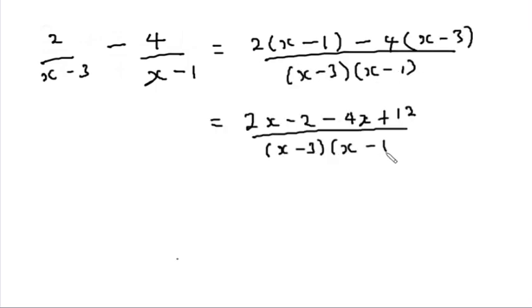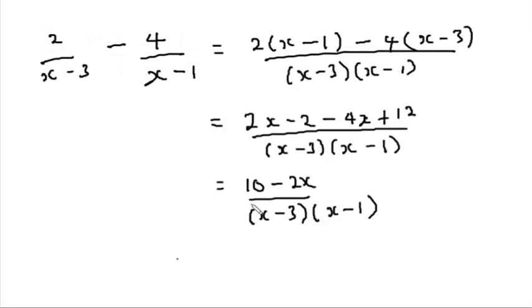Okay, so say you have two algebraic fractions, say 2 over x minus 3 minus 4 over x minus 1. If you were to analyze this, you have 10 minus 2x over (x minus 3)(x minus 1).